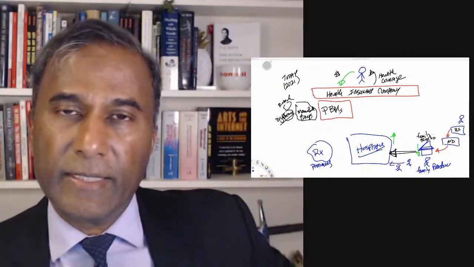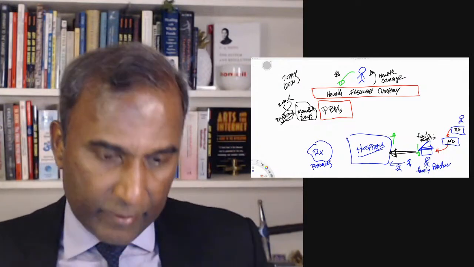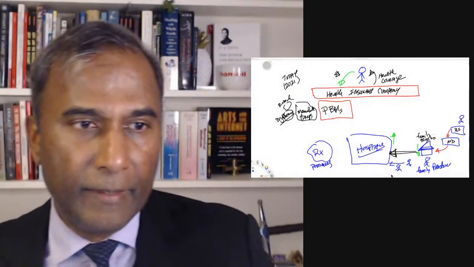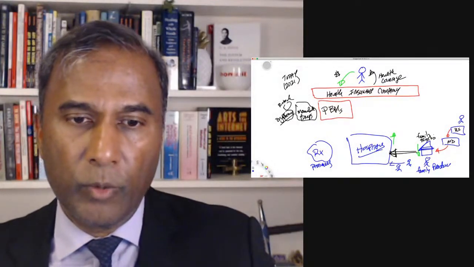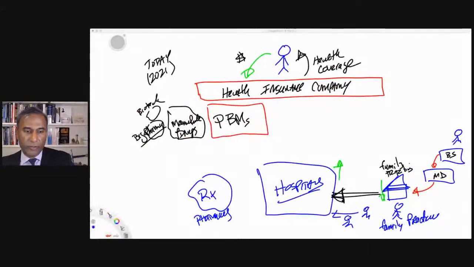The other thing to remember is the insurance companies, and I want to bring this out in this diagram, put massive, more and more regulations on these doctors. So the doctor, for example, is limited in what they can do with the patient.